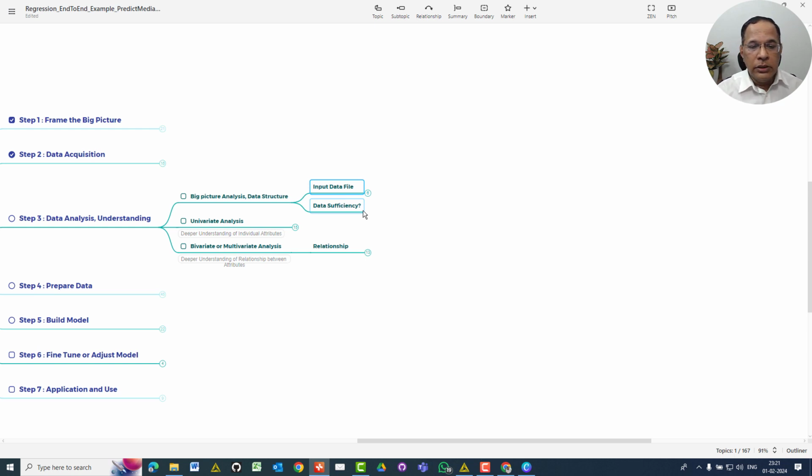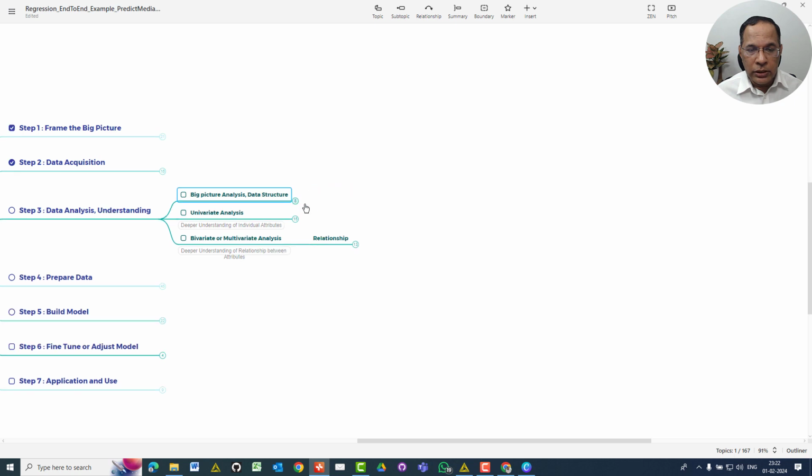Then you may say, hey, this data is not sufficient. I may have to go and look for the right set of data. But given this data set, sometimes you say, hey, looks like there is something of value, I can play with it. So I got income here, I have age of the house, I have location of the house and those kind of things. And we all know that these are the parameters that impact the price of a house, right? So we are fairly good with that.